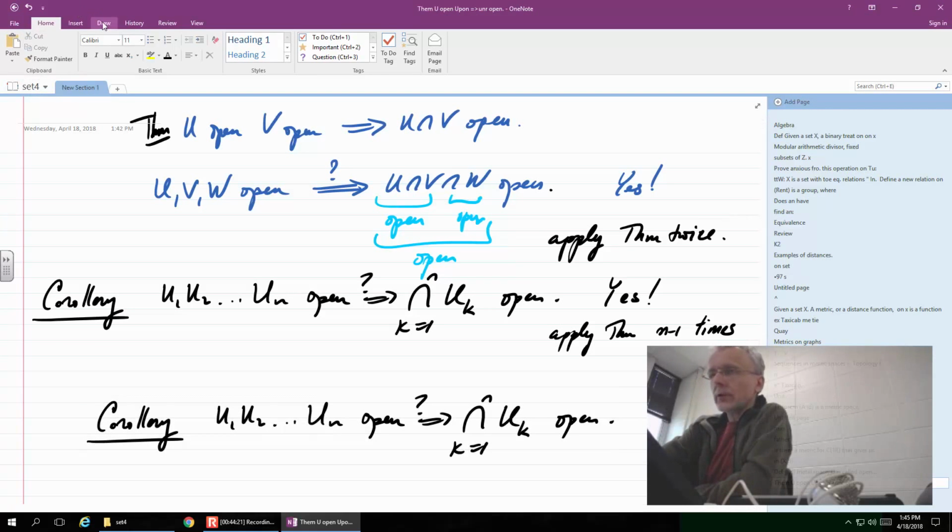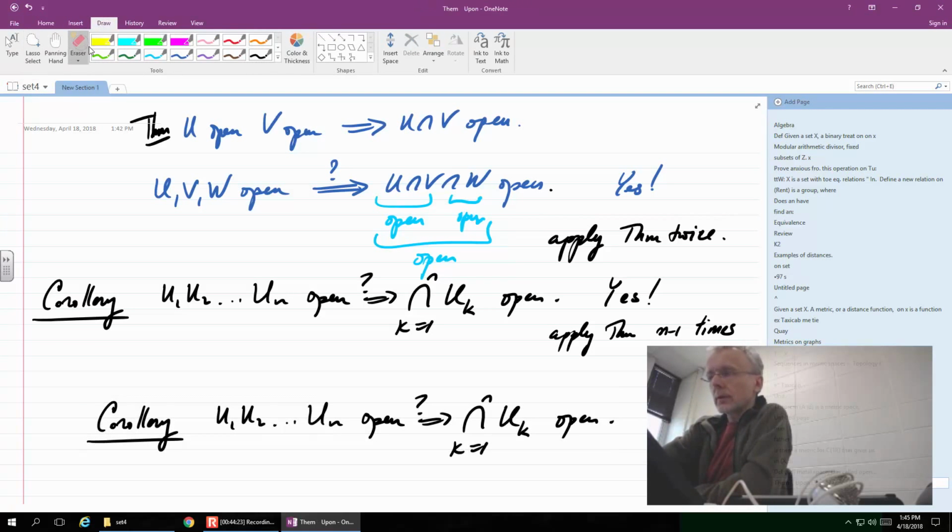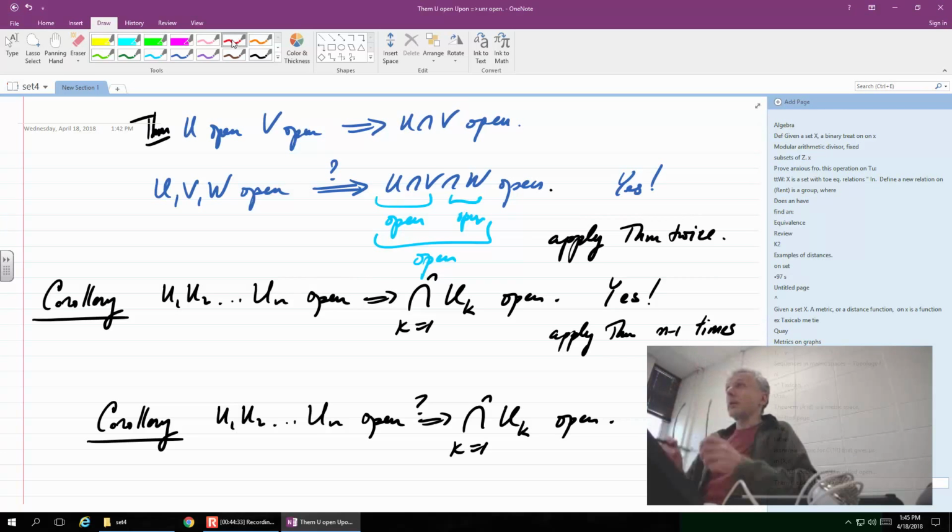So we know this is true. What else can we do to this? We have n, as large as we like. It doesn't matter how many we have. What's the next level after n?